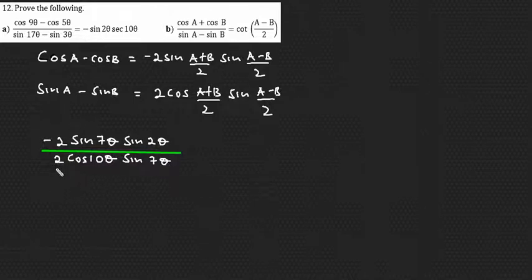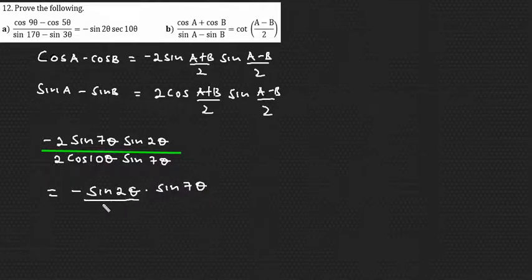So the 2 will cancel. So we remain with negative sin 2 theta times sin 7 theta over cos 10 theta times sin 7 theta.